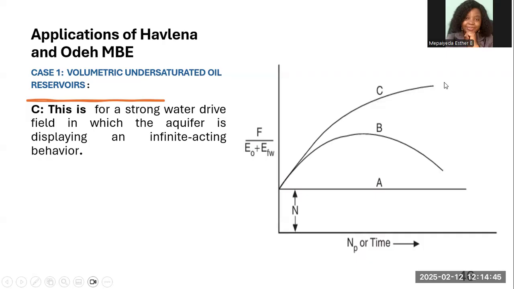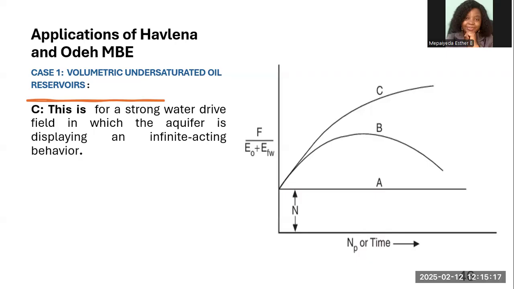Infinite acting. As you proceed in your reservoir journey, you discover water influx could be finite; your aquifer could be finite acting or infinite acting. It is finite acting when the effect of the oil water contact, the pressure exchange or the energy exchange at the oil water contact or aquifer oil contact, is felt at the boundary of your aquifer.